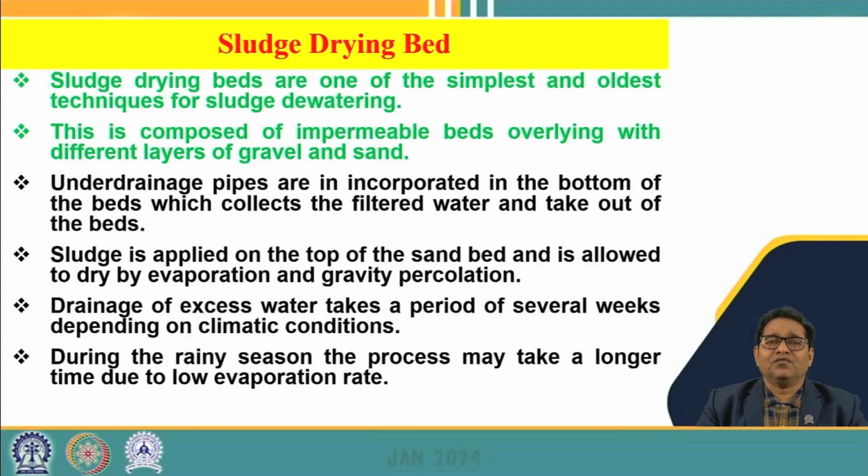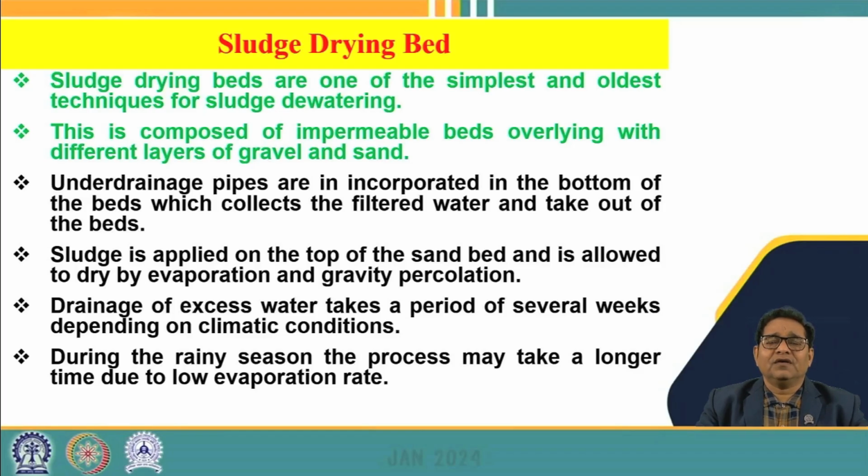Whereas the sludge which remains on the top of the bed gets dried in due course of time through evaporation and open sun drying, and then finally it is collected as sludge cakes by excavating the topmost layer of the sludge drying bed. During the rainy season, the operation of this sludge drying bed becomes difficult because of the very slow rate of evaporation.